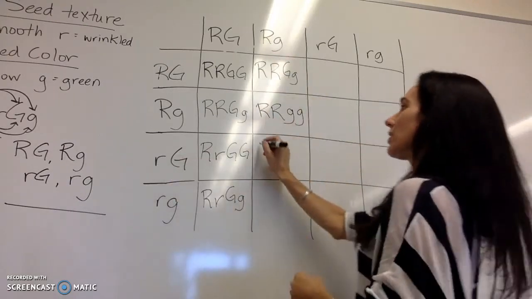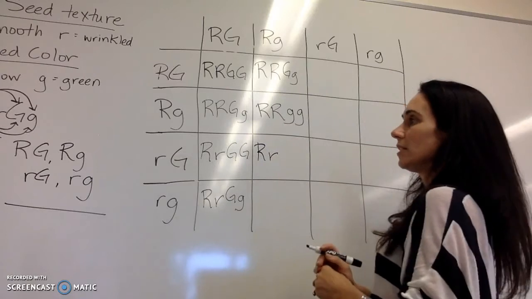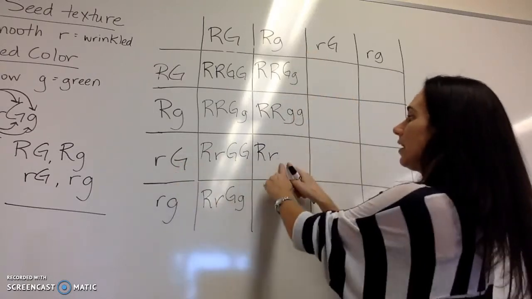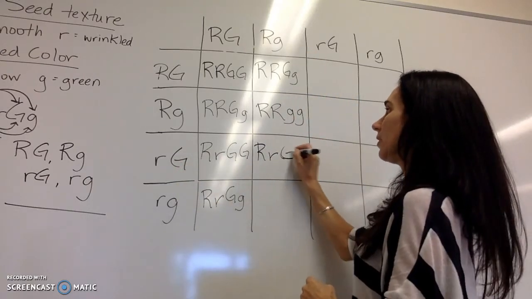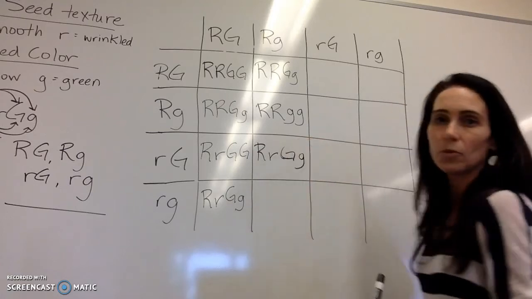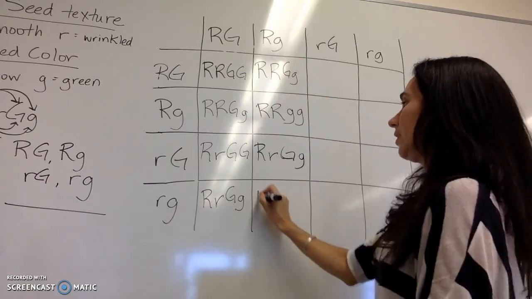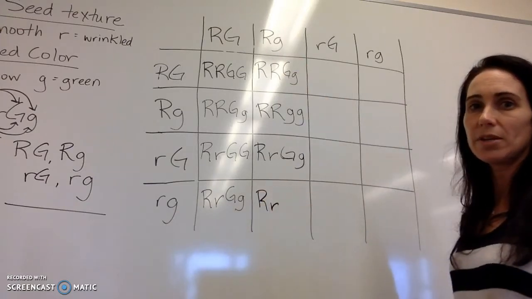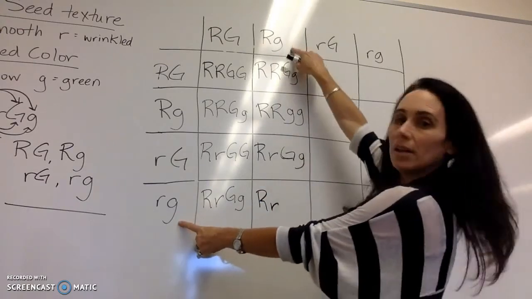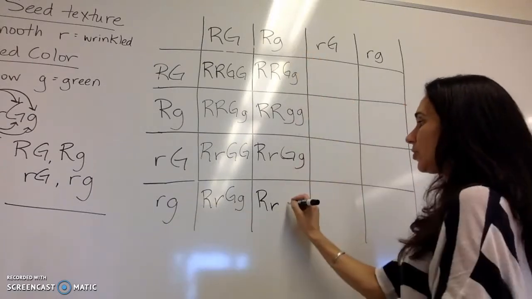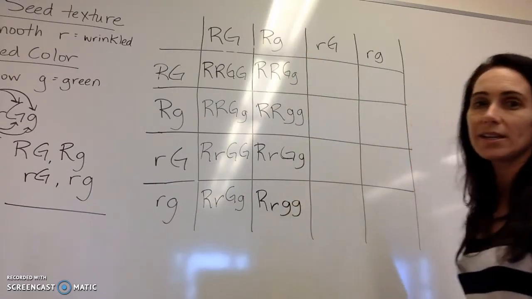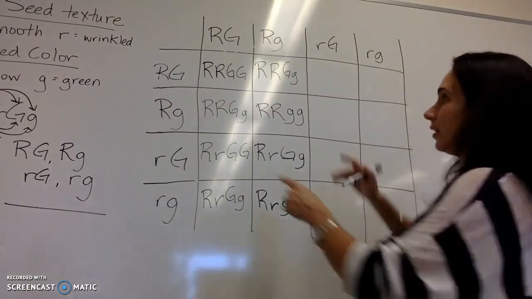Here, heterozygous dominant for seed texture, and heterozygous dominant for seed color. Here, heterozygous dominant for seed texture, and 2 small g's, homozygous recessive for seed color.